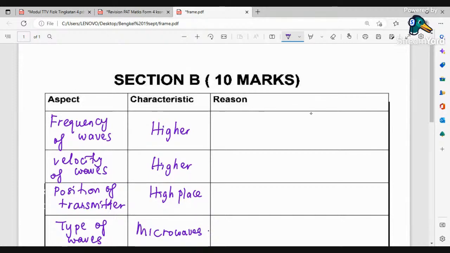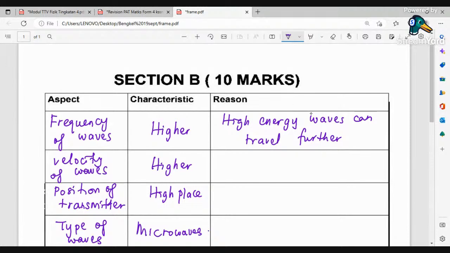Reason, frequency of wave higher, so high energy of wave can travel further. Boleh bergerak lebih jauh lah.